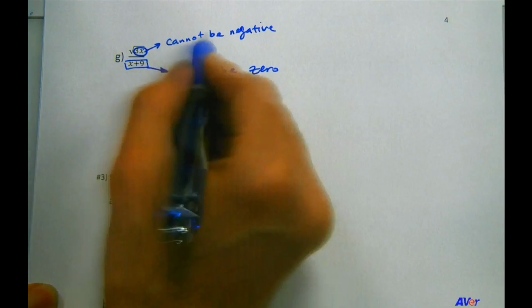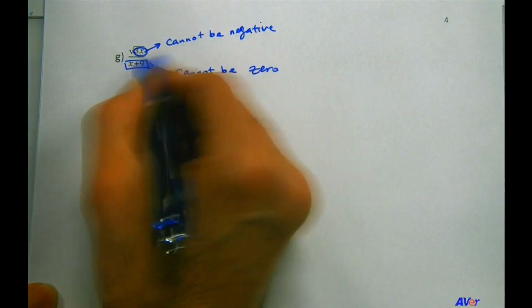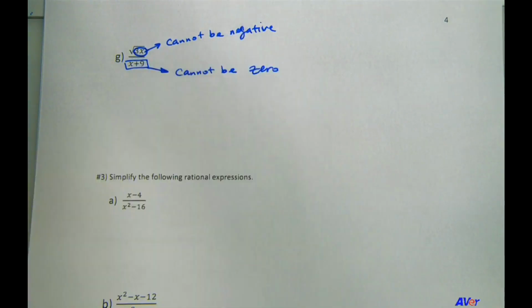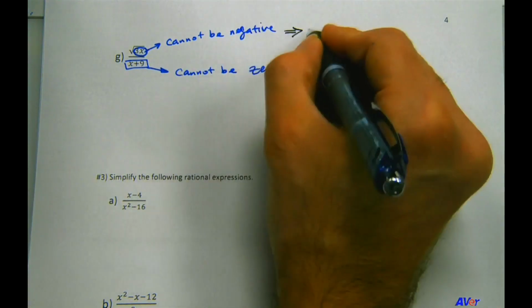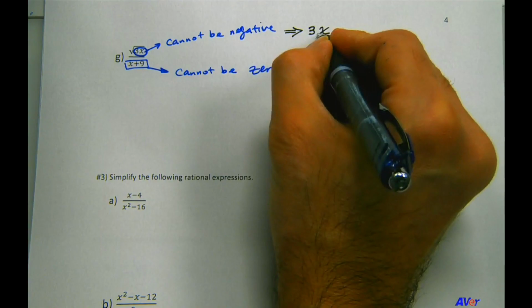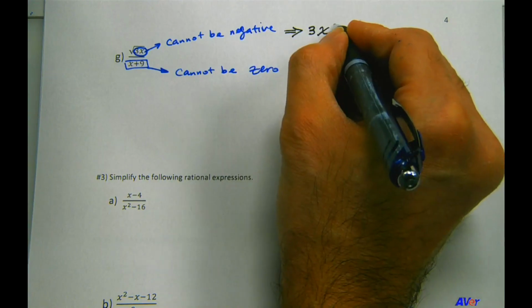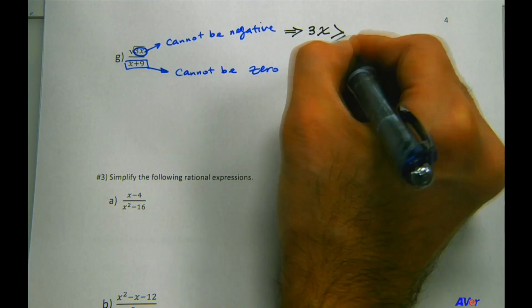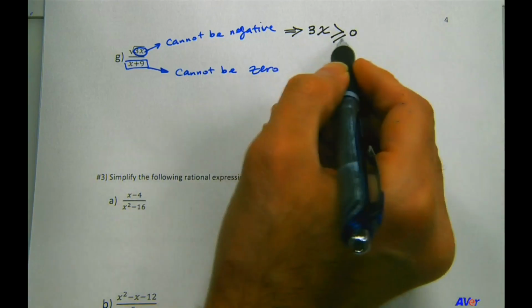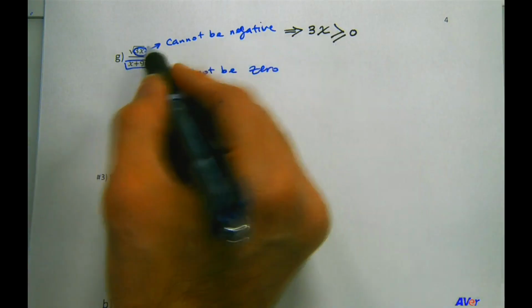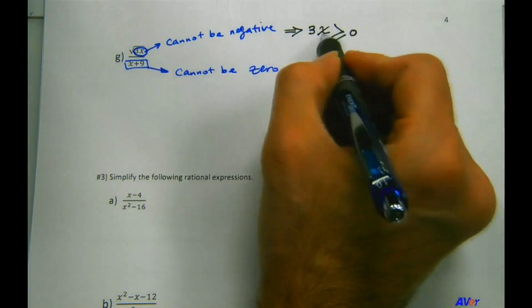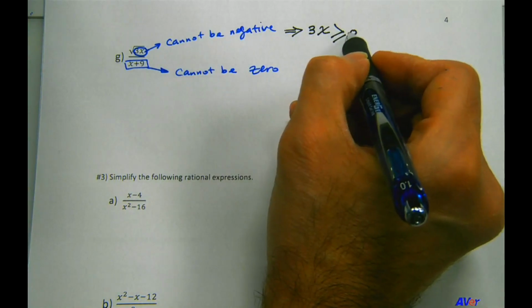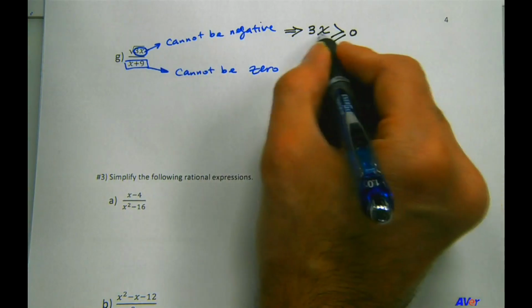Okay, from this piece, from inside the radical that cannot be negative, that means 3x must be greater than or equal to 0. It can be 0 because 0 in the numerator is fine. We cannot have 0 in the denominator. So 3x should be something positive or equal to 0. Okay, and solve this for x.